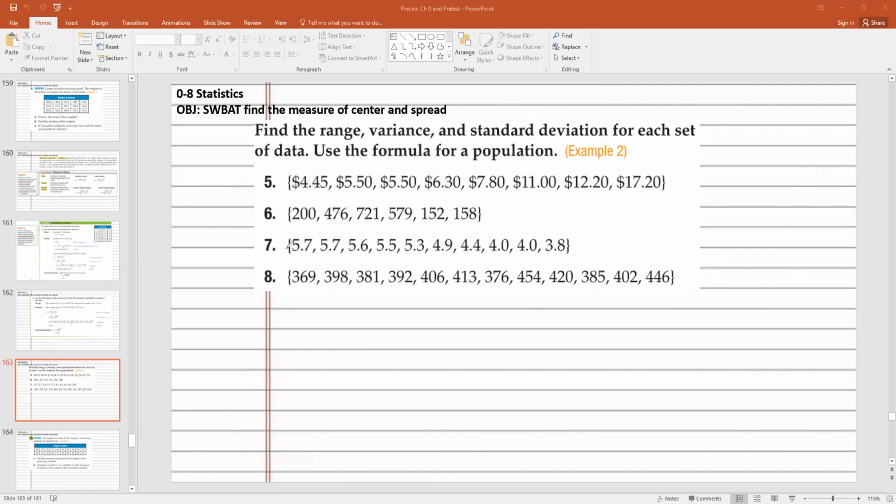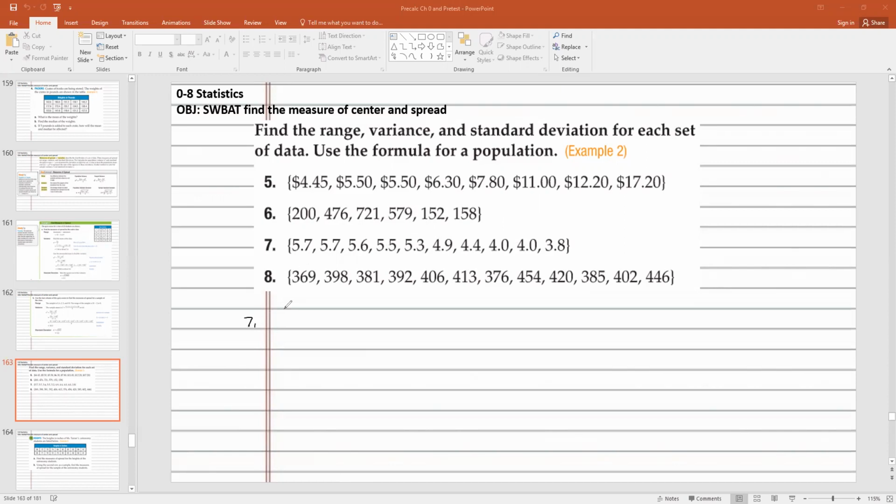So let's use 7. I believe 7 is written in descending order, so it's from greatest to least. That's perfect. All right.